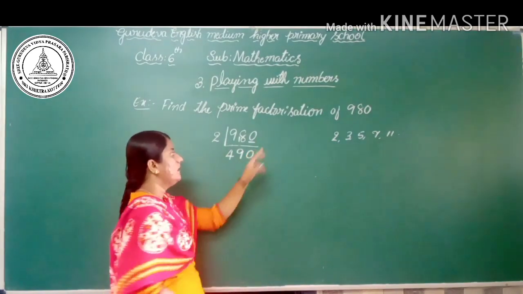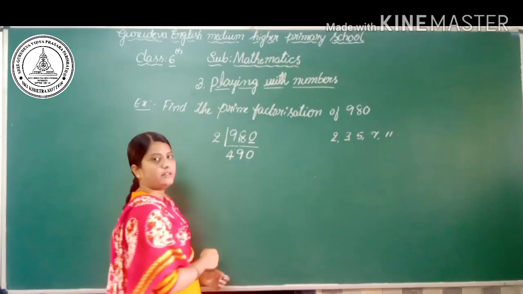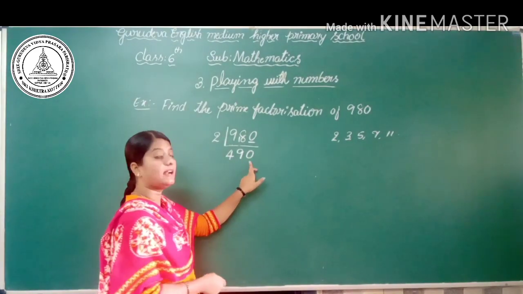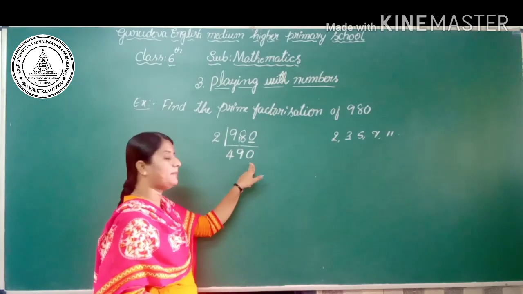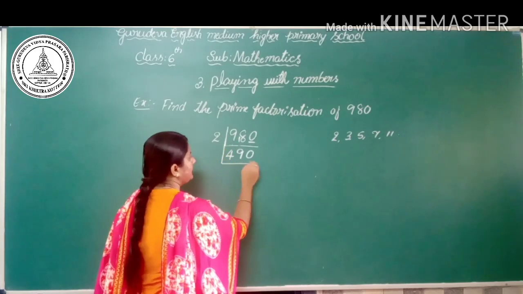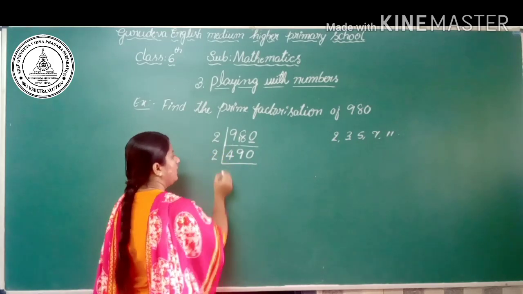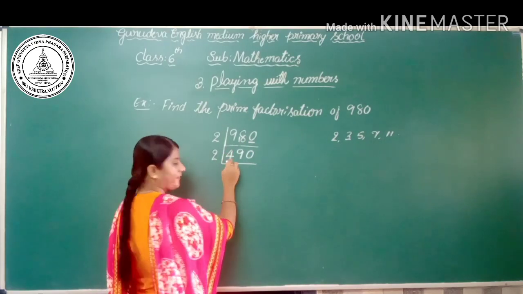Then similarly check 490. At the ones place there is a 0, hence it is again divisible by 2. Factorize by 2. First take a single number, 2 twos are 4.